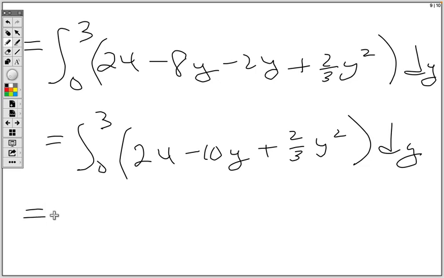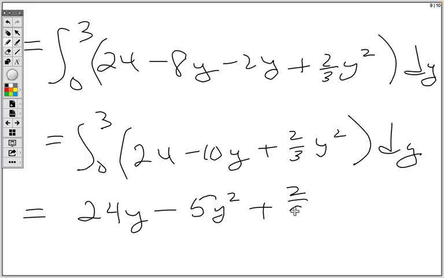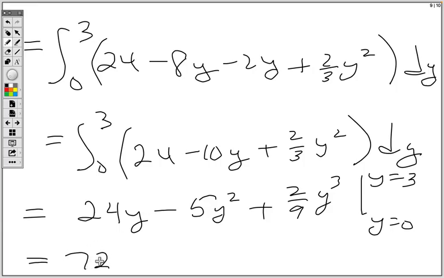And now we integrate it. Now we're integrating with respect to y, going back to your Calc 1. Toss that in. What do you get there? You get 72. Oops, not 70, 72. Minus 45. Plus, now when you plug in that 3 cubed, you get a 6.